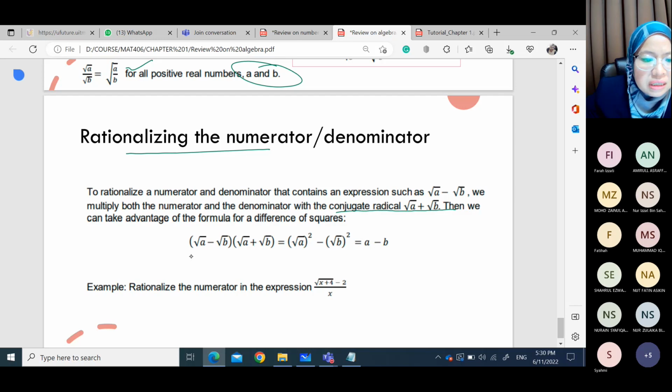Katakan kita punya original expression adalah this one, root A minus root B. So when you want to use conjugate, so the operation must be changed. Okay, original dia negatif, jadi conjugate dia positif. Macam tu. Okay, right. So root A minus root B multiply with this conjugate, then we have this one A minus B. So now we have taking out A and B from the square root.